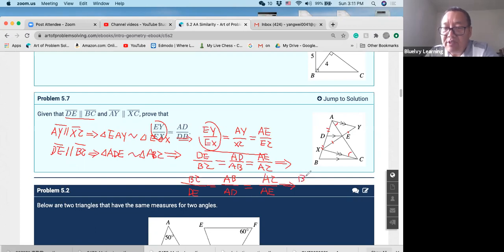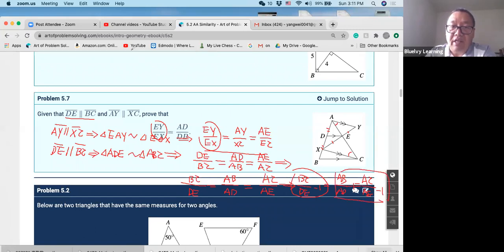You get BC over DE minus one equals AB over AD minus one, also equals AC over AE minus one. This part we don't want, it's not related to our purpose at all. We just need to care about this here.